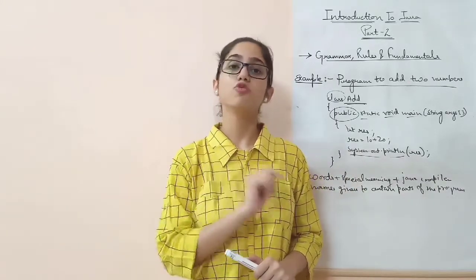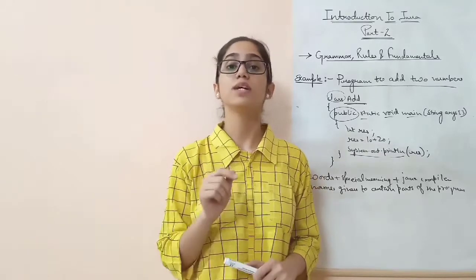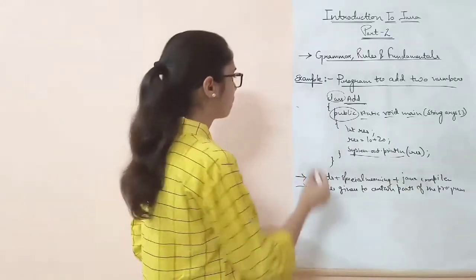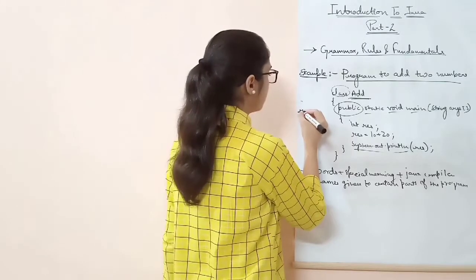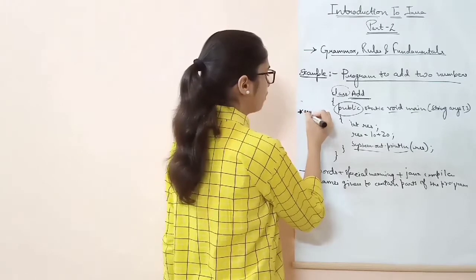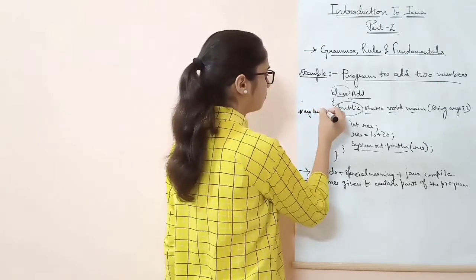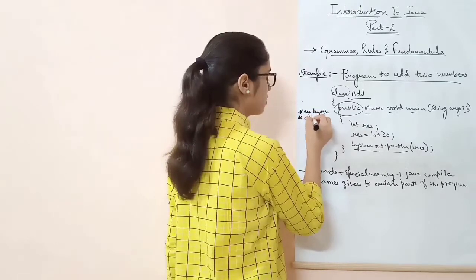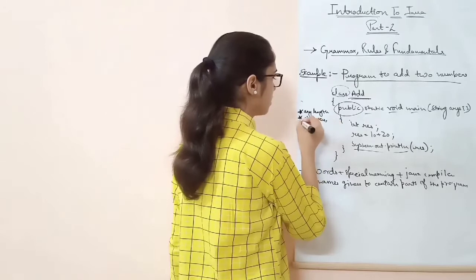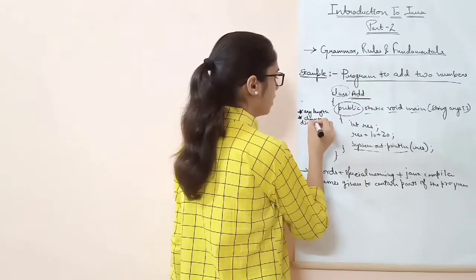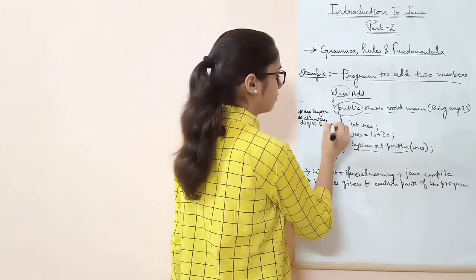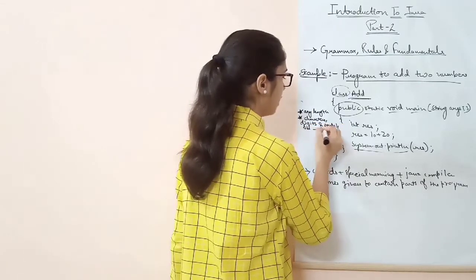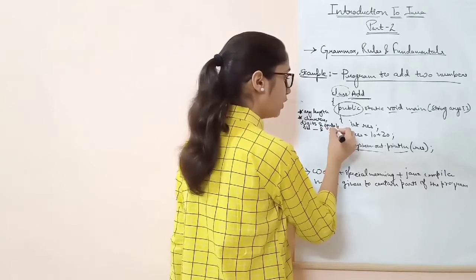Now there are certain rules that need to be followed and that need to be kept in mind before writing the names. These rules are that identifiers can be of any length, can have any combination of characters, digits and symbols like underscore and dollar only.